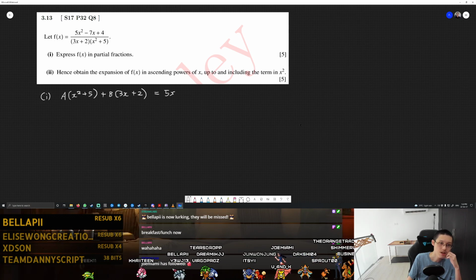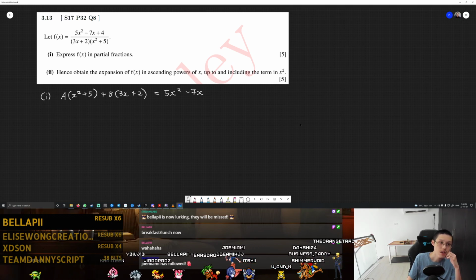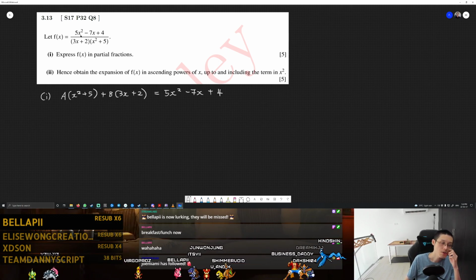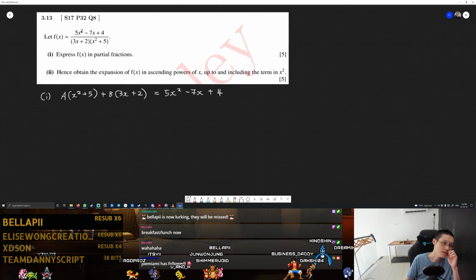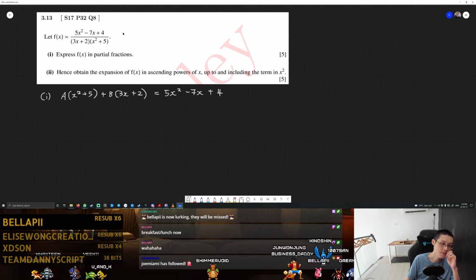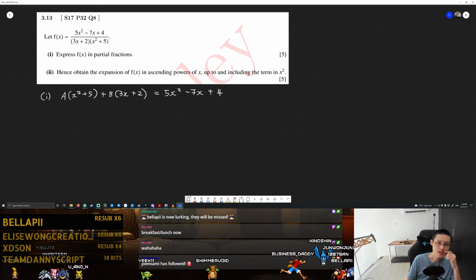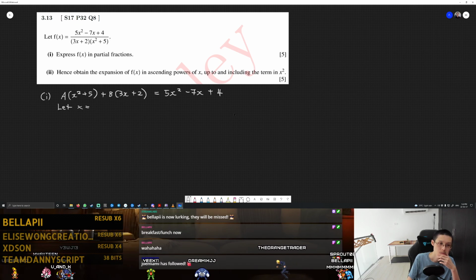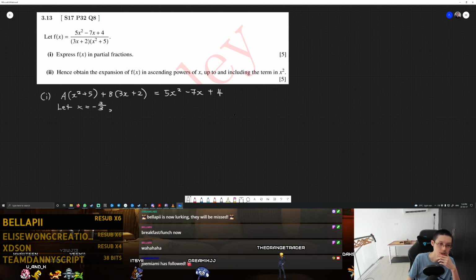So this is actually 5x squared minus 7x plus 4, okay? I should mention that you should always check and make sure that the degree of the numerator is smaller than the degree of the denominator, which it is in this case, so it's fine. Okay, next thing is we're going to put in some hypothetical values of x. Let's say we put x is -2/3.